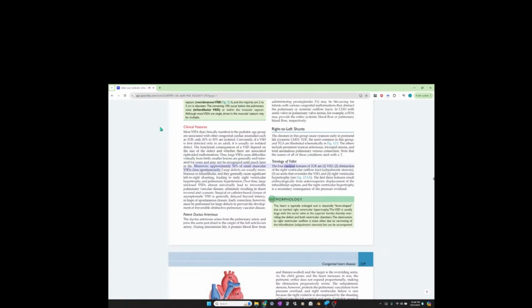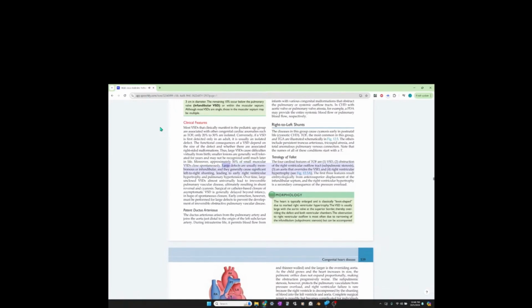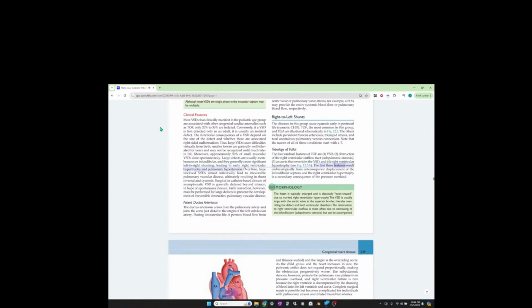The 4 cardinal features of TOF are VSD, obstruction of the right ventricular outflow tract, an aorta that overrides the VSD, and right ventricular hypertrophy. The first 3 features result embryologically from anterior superior displacement of the infundibular septum, and the right ventricular hypertrophy is a secondary consequence of the pressure overload. Large defects are usually subpulmonic or infundibular, and they generally cause significant left to right shunting, leading to early right ventricular hypertrophy and pulmonary hypertension.